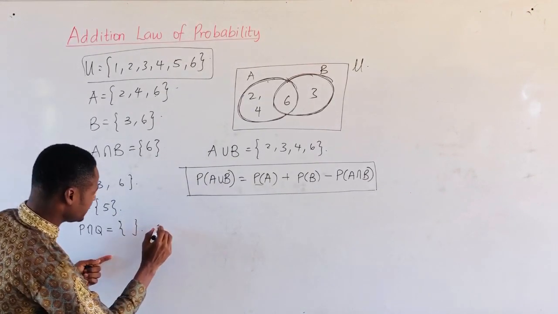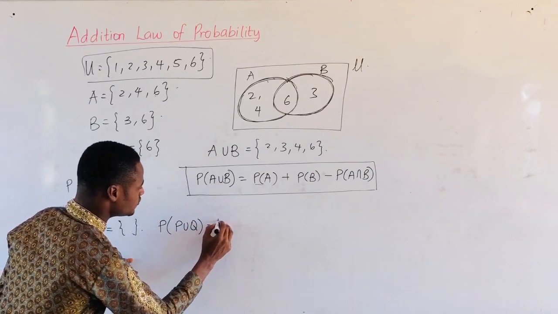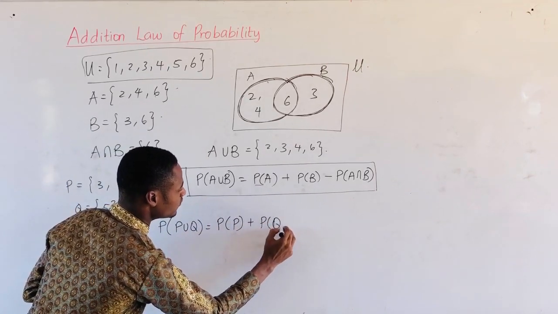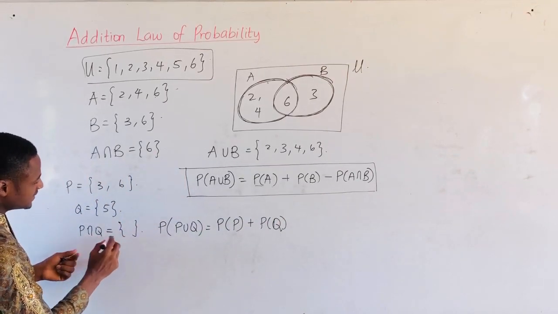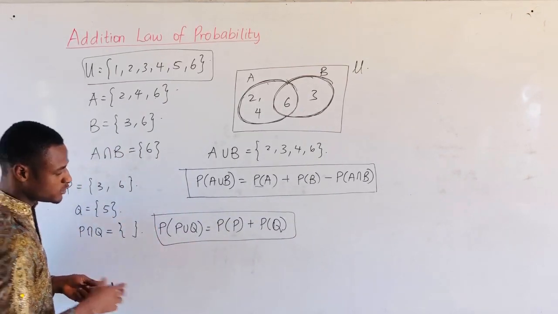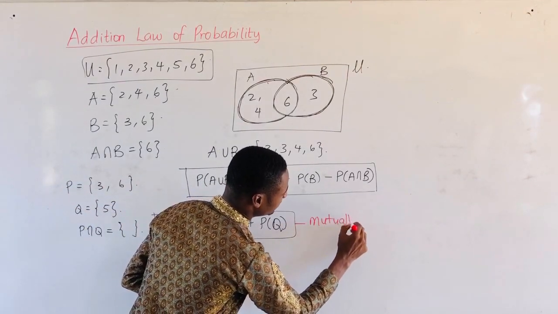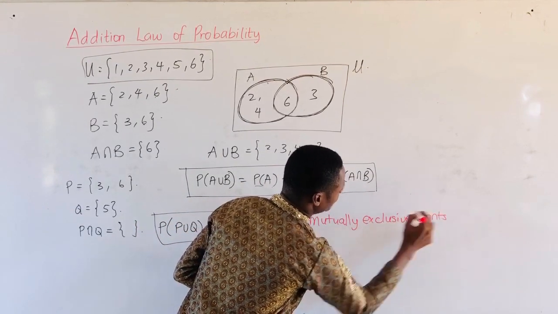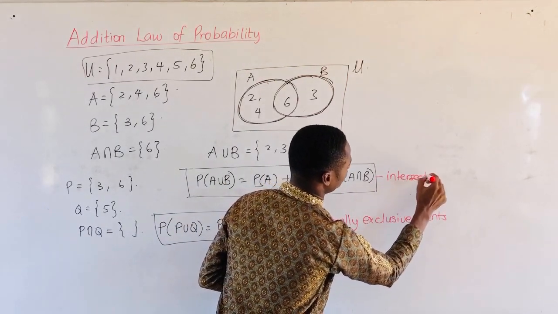In that case, the probability of P union Q is going to be equal to the probability of P plus the probability of Q minus 0 because there is no intersection. And sets that do not intersect are said to be mutually exclusive. And so this is the addition law for mutually exclusive events. And then the first one is for intersecting events.